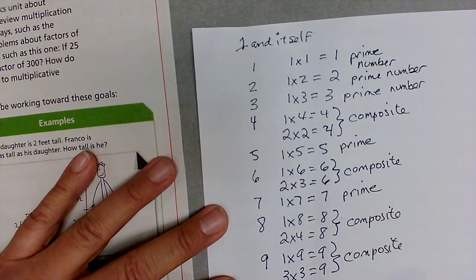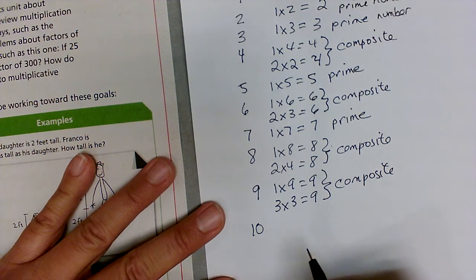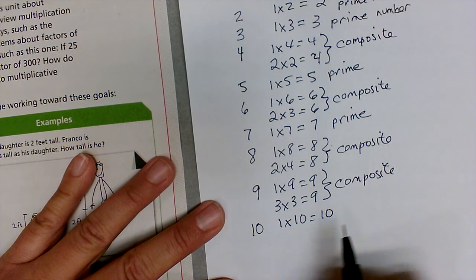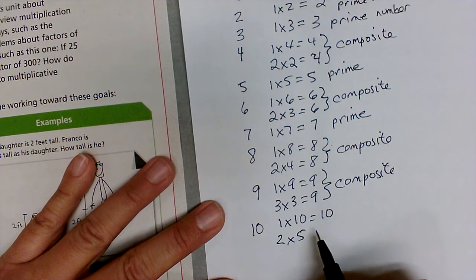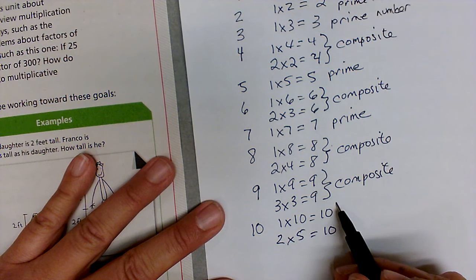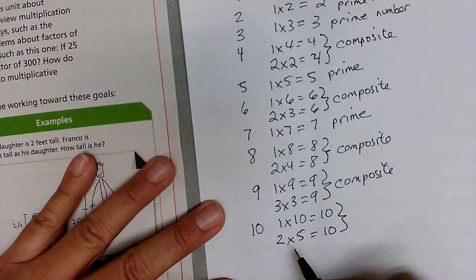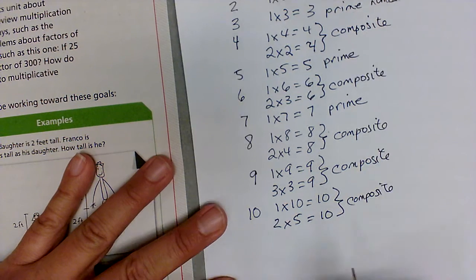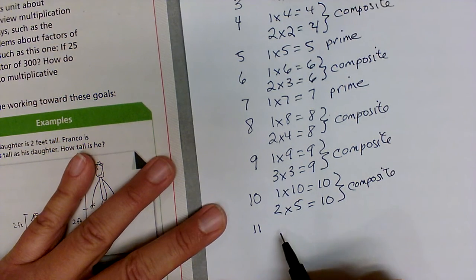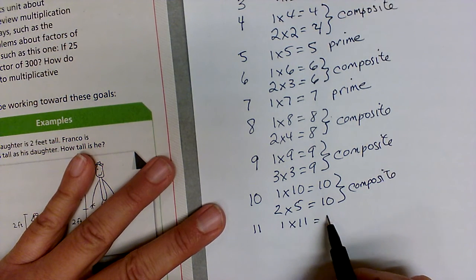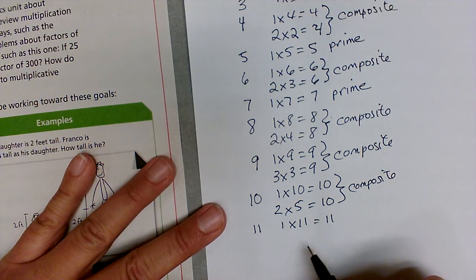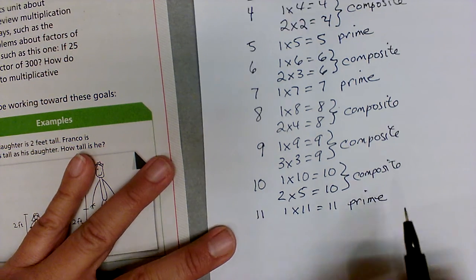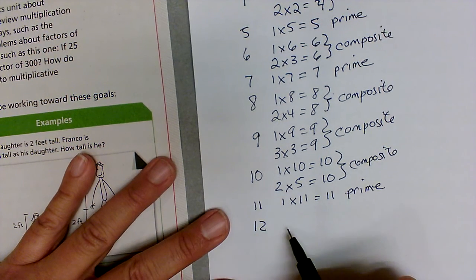Let's take a look at 10. 1 times 10 equals 10. 2 times 5 equals 10. So more than one factor, so this one's composite. Let's take a look at 11. 1 times 11 equals 11, and those are the only factors that you can multiply to get an 11, so this one is prime. And 12. Let's take a look at 12.